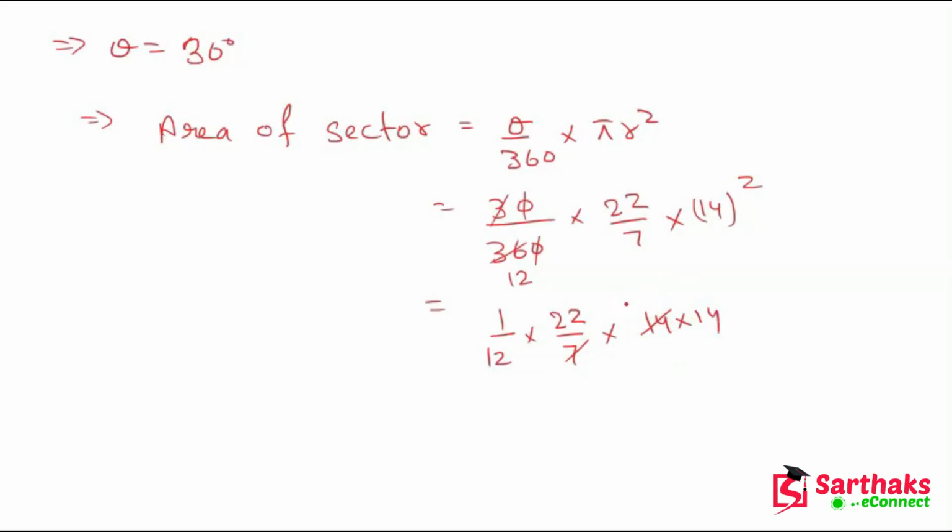So 14 will be cancelled from 7 by 2 times, and 2 is divided into 12 by 6 times. We can cut it by 3 times, and we can cut 22 by 11 times. So we have 11 into 14 upon 3. If we solve it, we get 154 upon 3 centimeter square.